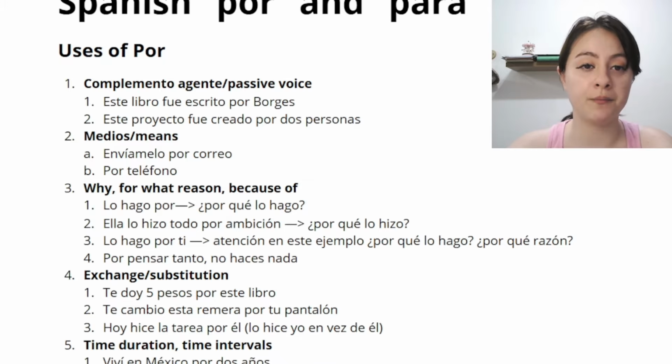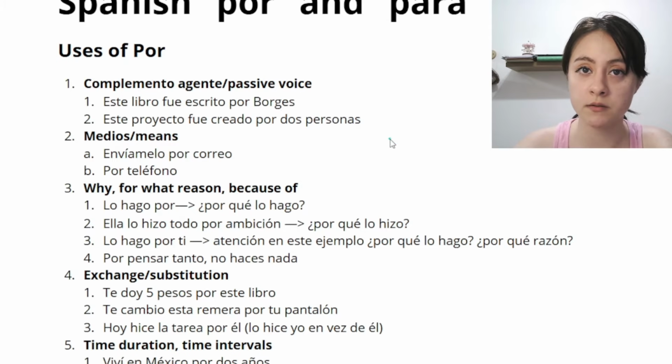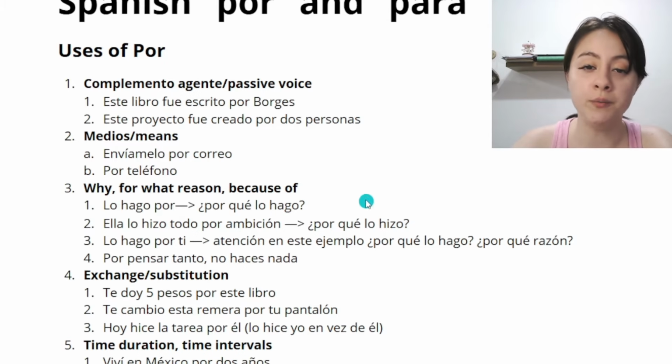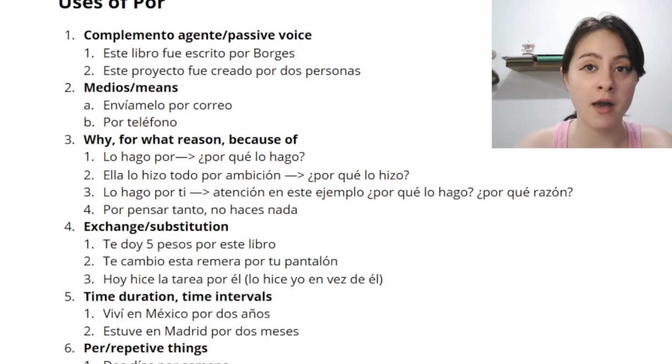For example, este libro fue escrito por Borges. This book was written by Borges. The second one, este proyecto fue creado por dos personas. This project was created by two people. So it is essentially equal to the English by in this context.